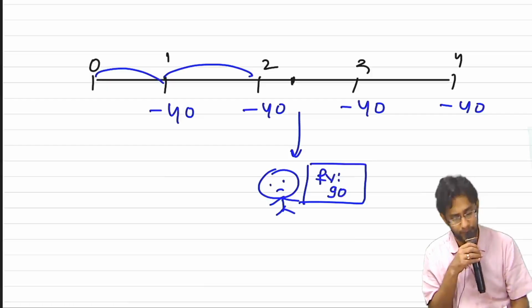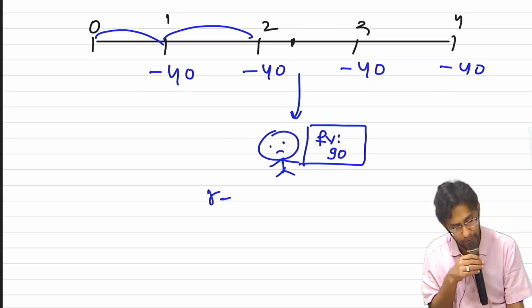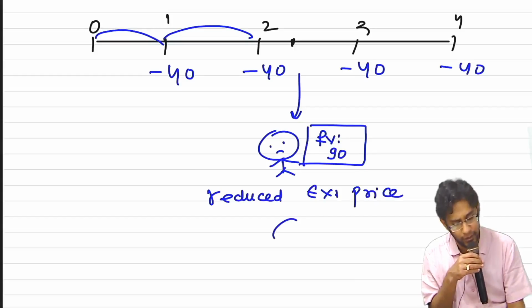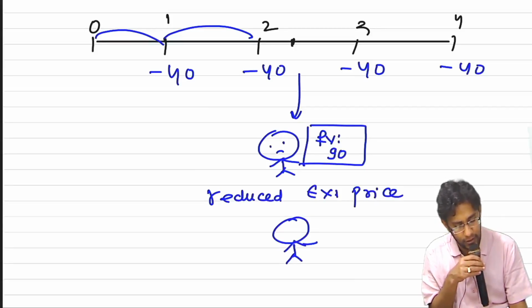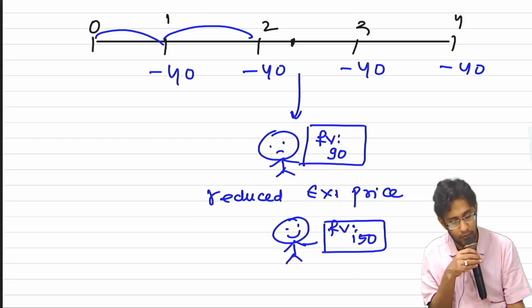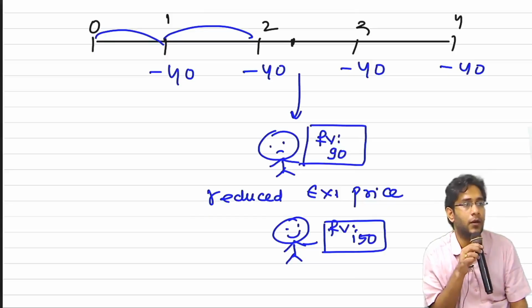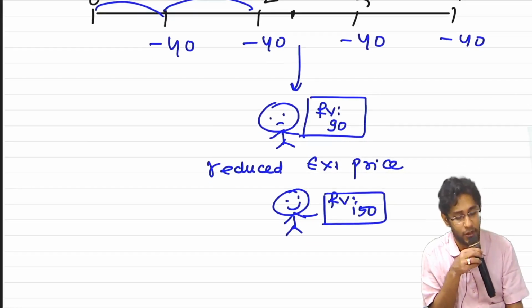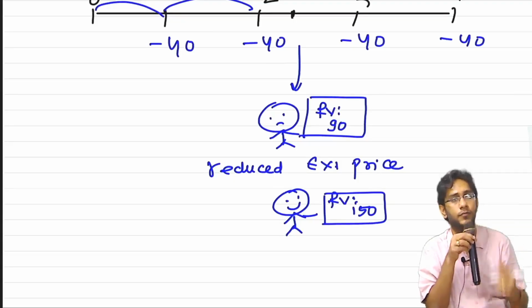He is sad. What I did, our company reduced the exercise price. If the company reduced the exercise price, the option paper whatever he is holding, its value became 150. Happy? So because of the reduction in exercise price, option value went up by how much?